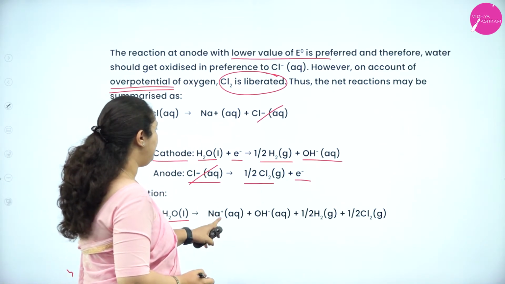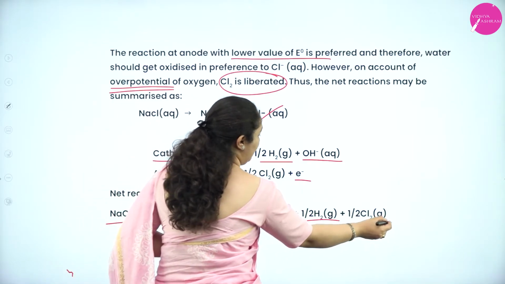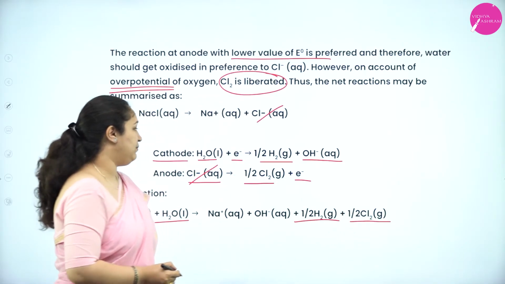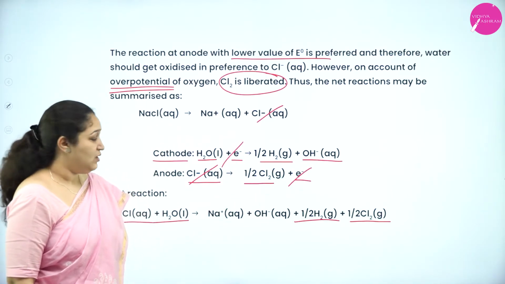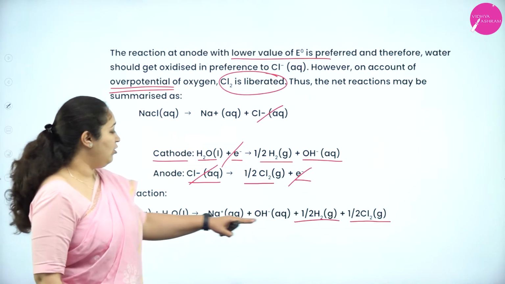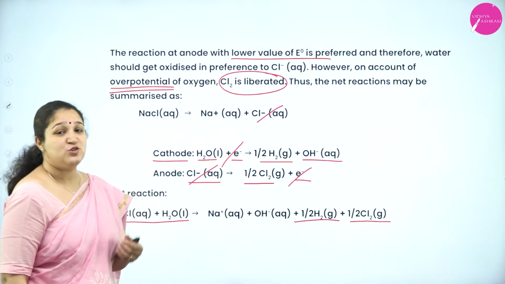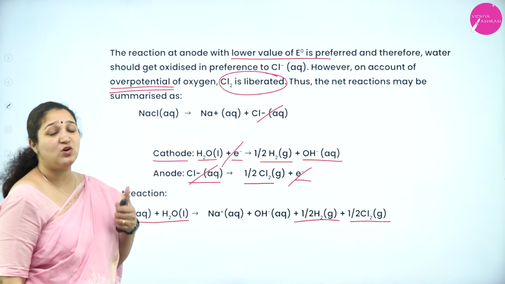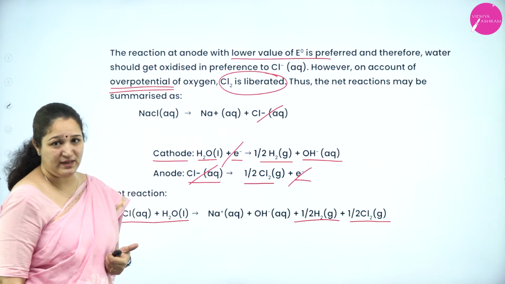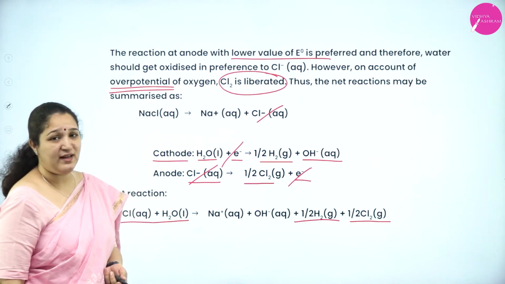Then we have Na plus, then OH minus, then hydrogen gas is liberated, chlorine gas is liberated, and electrons and electrons also get cancelled. So, this is the overall reaction I have written here. What is getting liberated at anode? It is chlorine gas, and hydrogen gas is liberated at cathode.